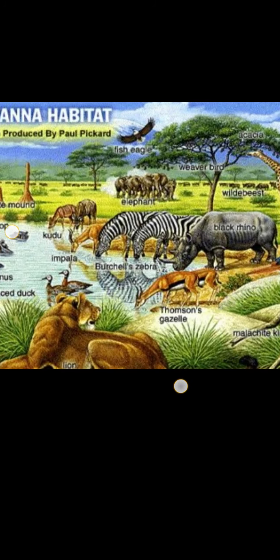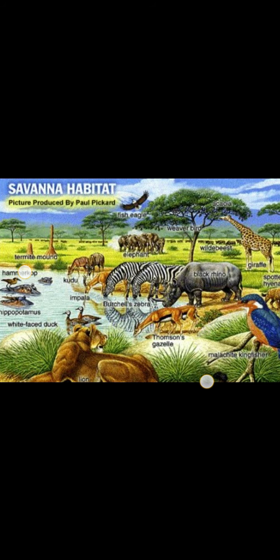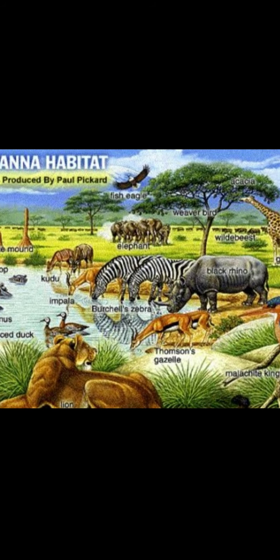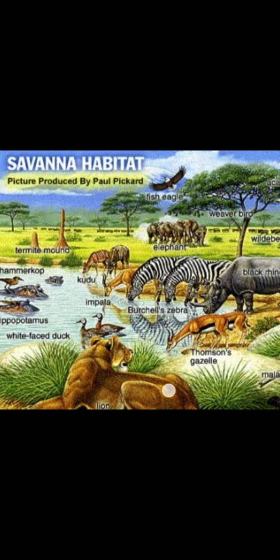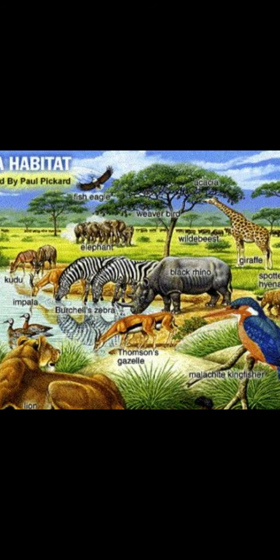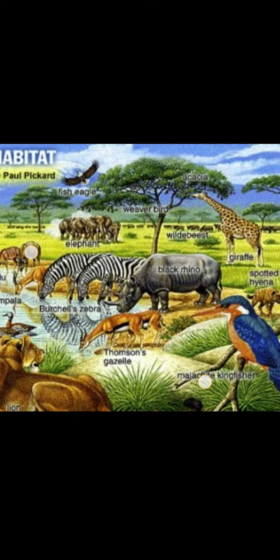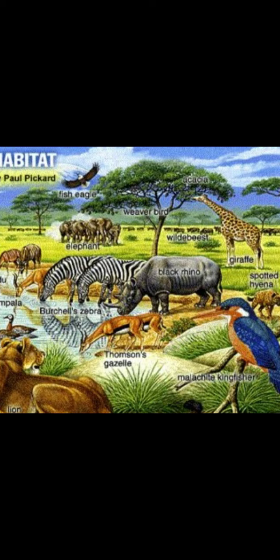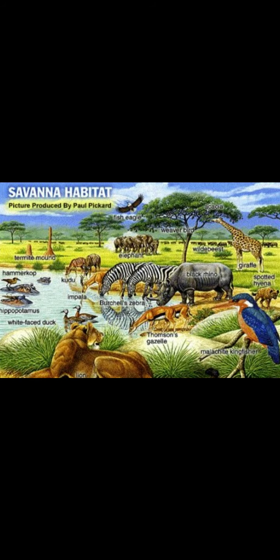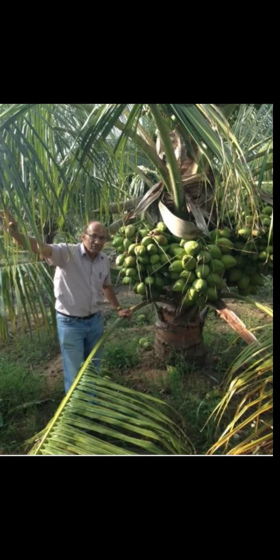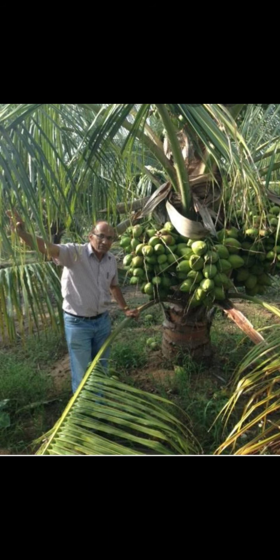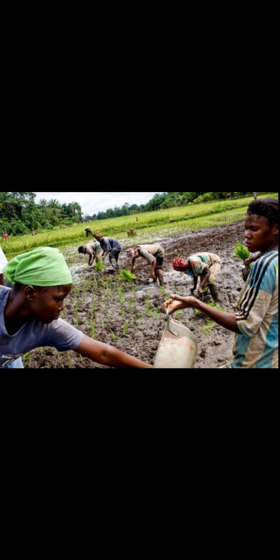We also call the savanna region by this name, because we find a number of animals and plants here. You can look over here at the animals found in the equator region. The names are mentioned there, and you should look carefully and learn some of them, because I will give this in your homework. Coconut is also found in the equator region.